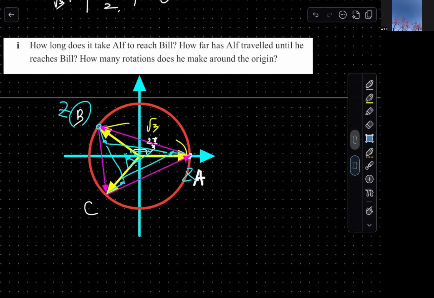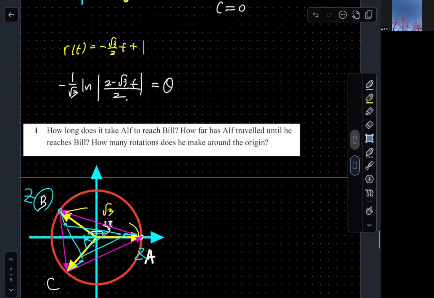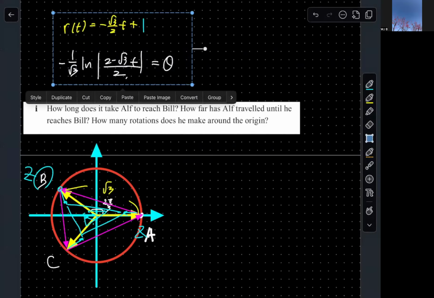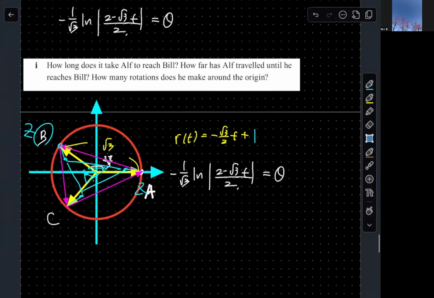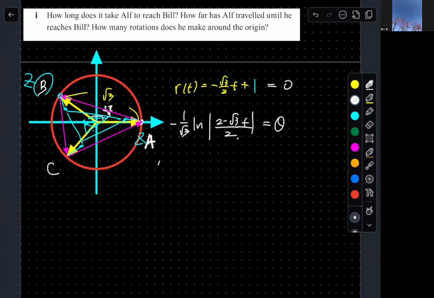And what the question says is, okay, so as you can see, it is rotating, but the gap is getting smaller because of the decreasing nature of the radius. It's going to eventually meet with B, right? So in order to meet, the gap between them has to be 0, okay? So if I now use the radius, the modulus to be 0, then t has to be 2 over root 3.